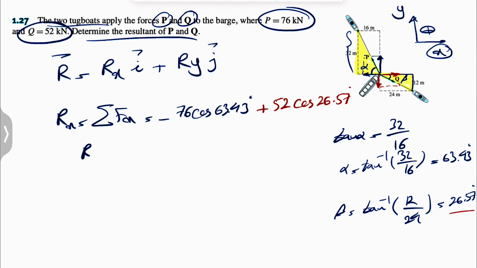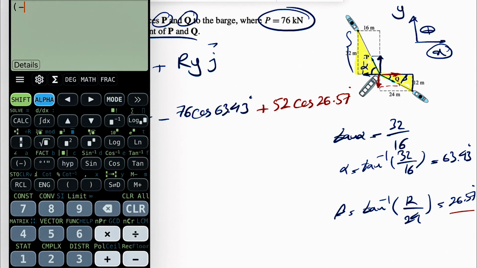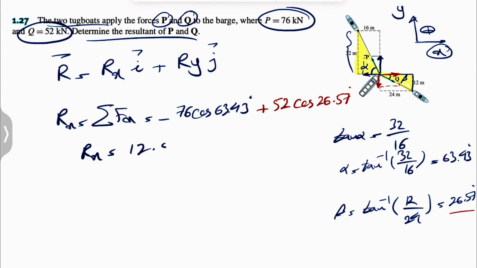So that's going to give us Rx: negative 76 cosine of 63.43 plus 52 cosine of 26.57, so 12.51 kilonewton for Rx.